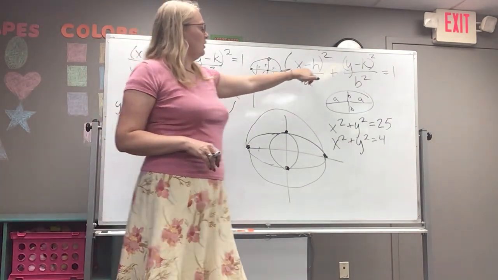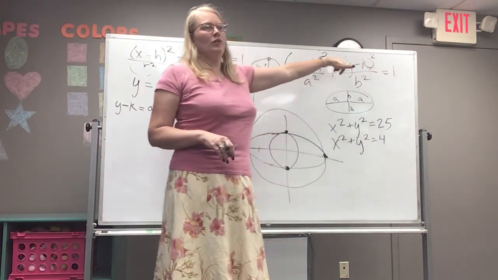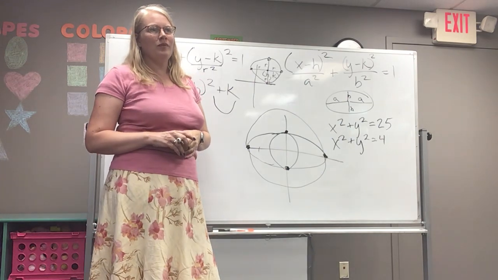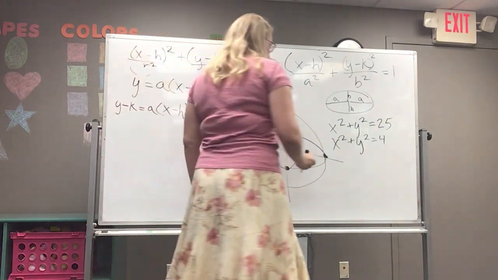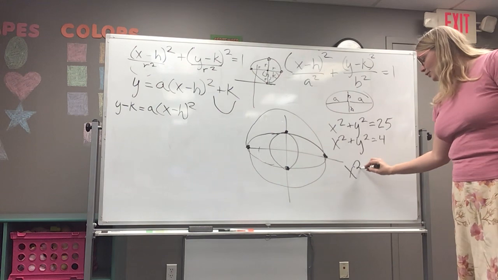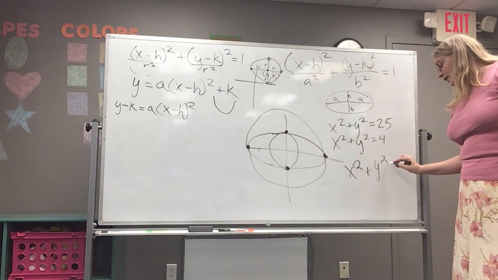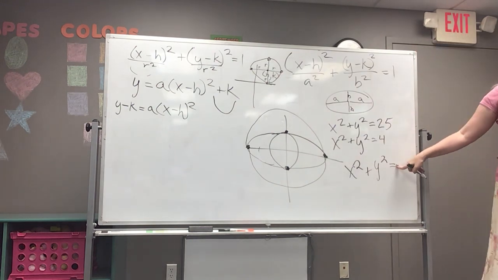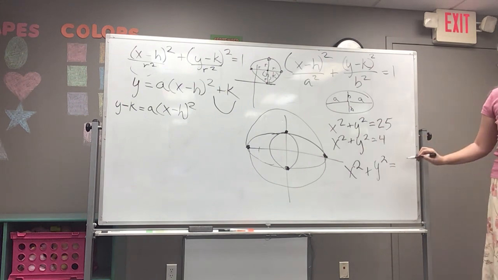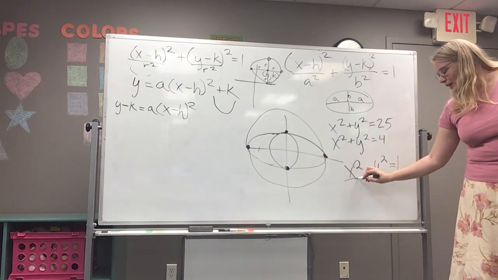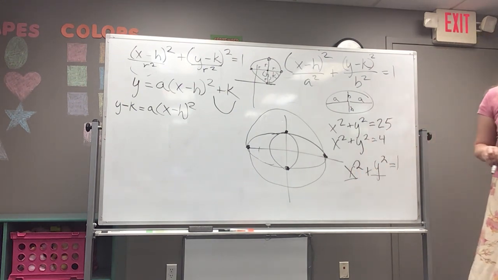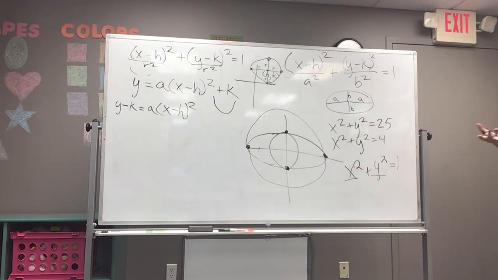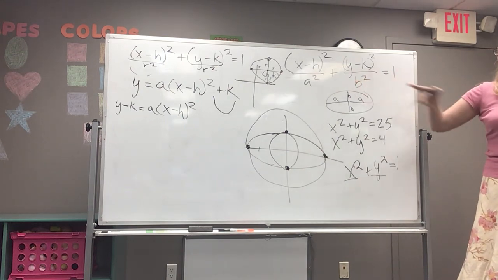First question is, what's h and k for our ellipse equation? 0, 0, so we don't have to worry about that. All we need is x squared plus y squared. What is it going to equal? 1, because it's an ellipse. All we are looking for are the a squared and b squared.